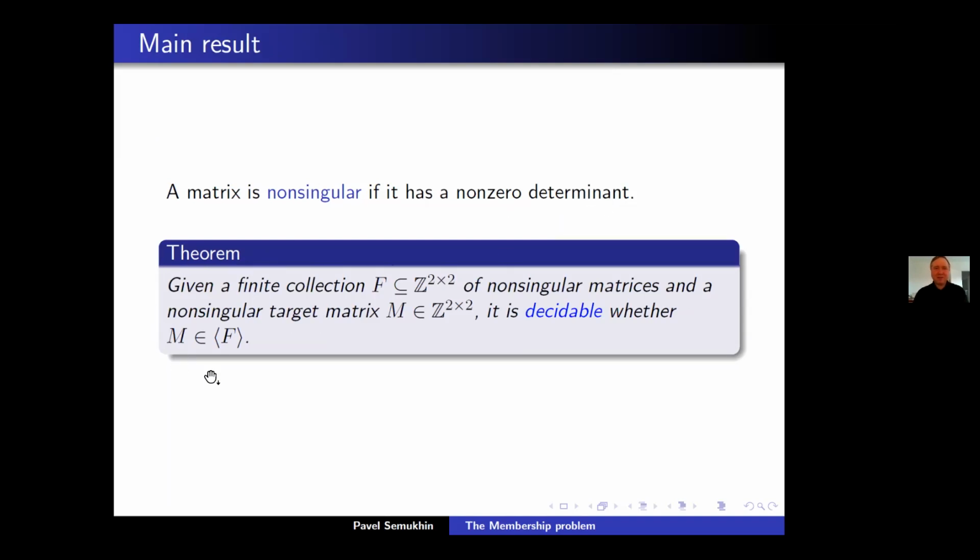So this is the theorem I would like to prove, which is stated as follows. We are given a finite collection F of 2 by 2 non-singular integer matrices, and also a non-singular target matrix M. Then it is decidable whether M belongs to the semigroup generated by F.